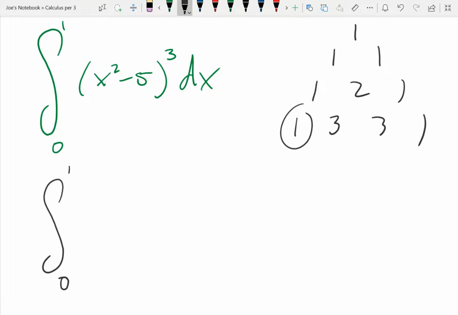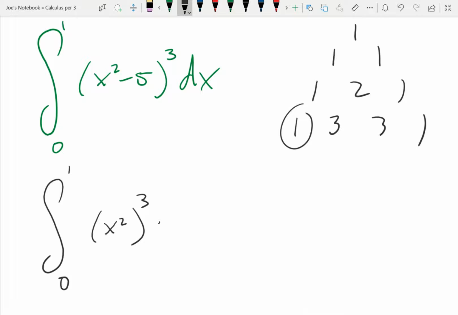So my expansion would be my first term. My first term is x squared. Obviously, the coefficient of 1 is right there, but since 1 times anything is itself, I'm going to ignore it. It's my first term to the power, so x squared cubed is going to end up being x to the 6th.